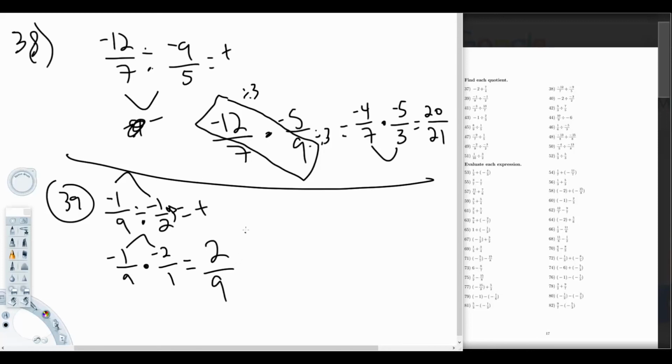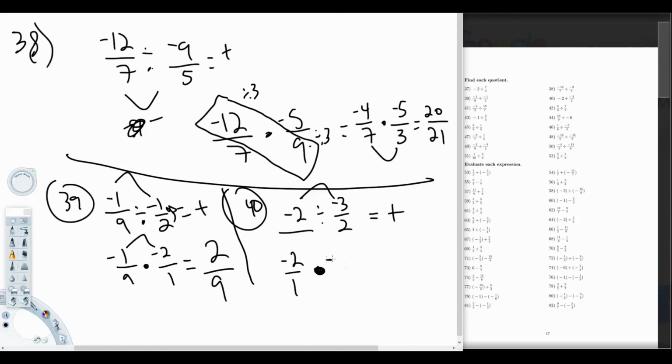Can I do another? Yeah. Number 40, fast. Negative 2 divided by negative 3 over 2. So two negatives equal a positive. We know that right away, so we know our answer is going to be positive. So negative 2 is really negative 2 over 1, multiplied by, I was going to make a mistake, negative 2 over 3. Now, it's tricky here.